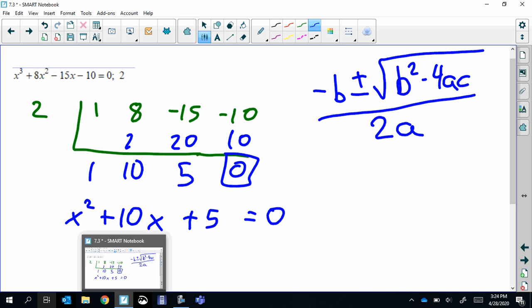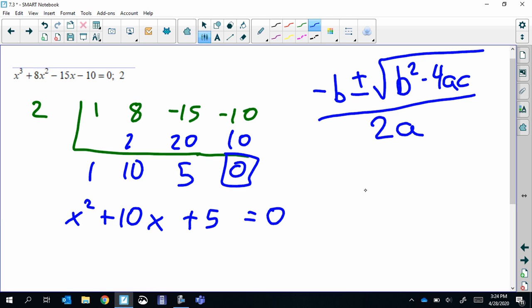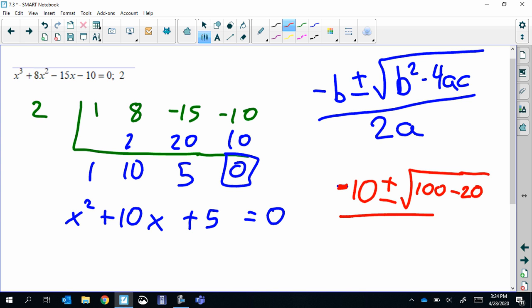So with our quadratic formula here, -b, so that's -10, plus or minus the square root of b squared, that's 10 squared is 100, minus 4ac, 4 times 1 times 5, that's 20, all over 2a. 2 times 1 is 2.